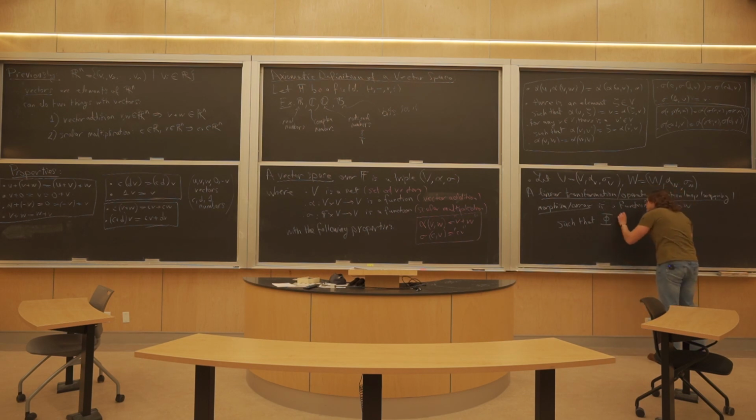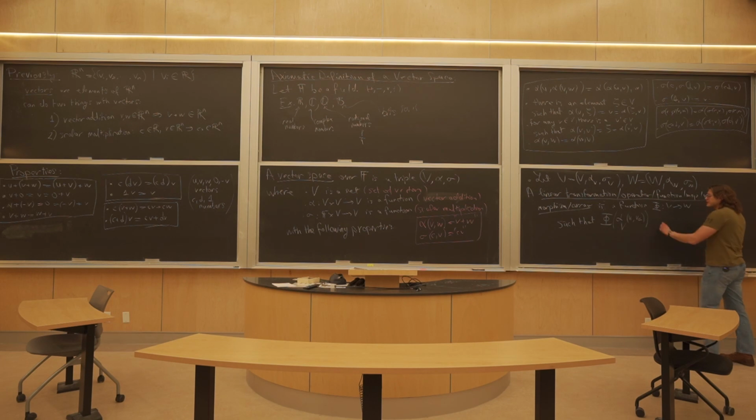if I first add two vectors in V, so let's say v1, v2, and apply phi to it, this is the same thing as adding the outputs in W. That's the first one.